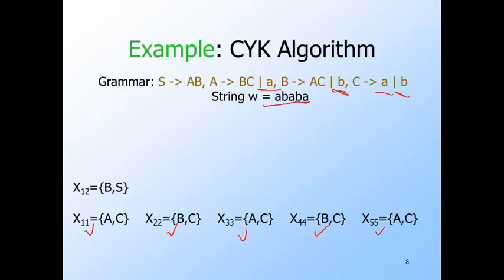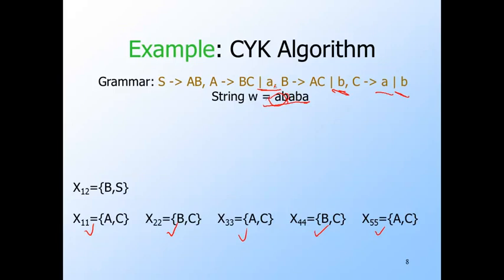Now we need to compute the 4 entries in the row above. These are the sets of variables that derive substrings of length 2. Here's one example, X12, which is the set of variables that derive the string in the first positions of w, that is, ab. When j is i plus 1, k can only be i.